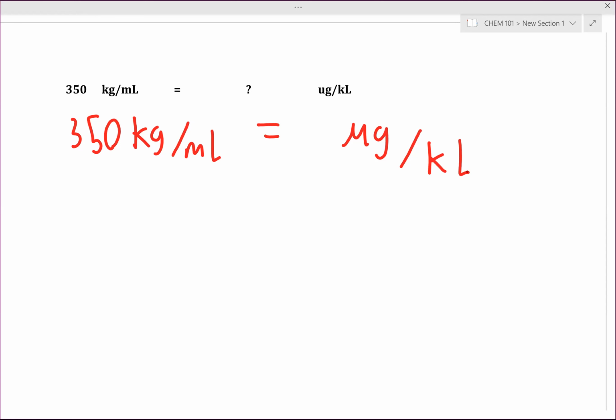What about here? Did you get 2.5 1 times 10 to the 17?